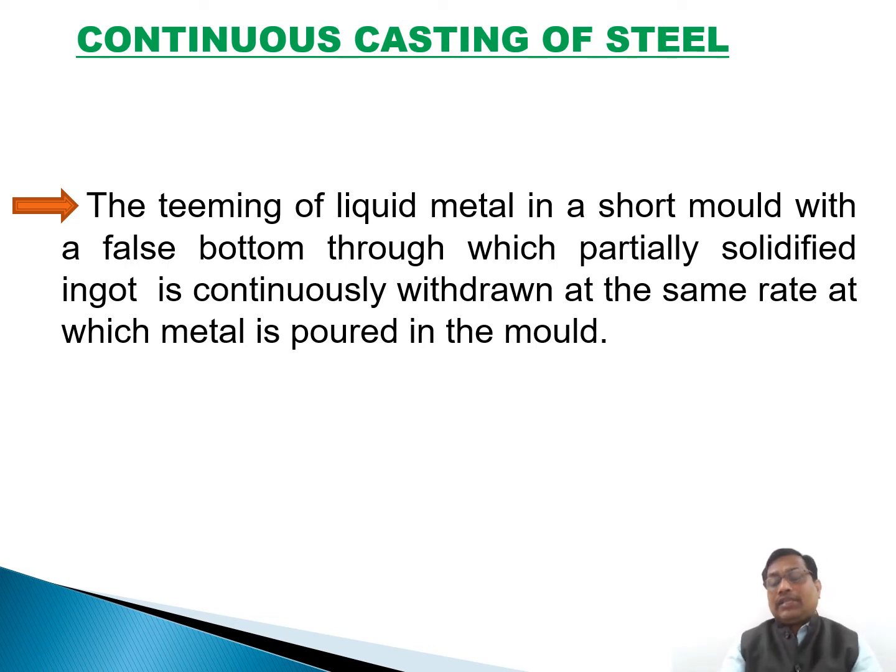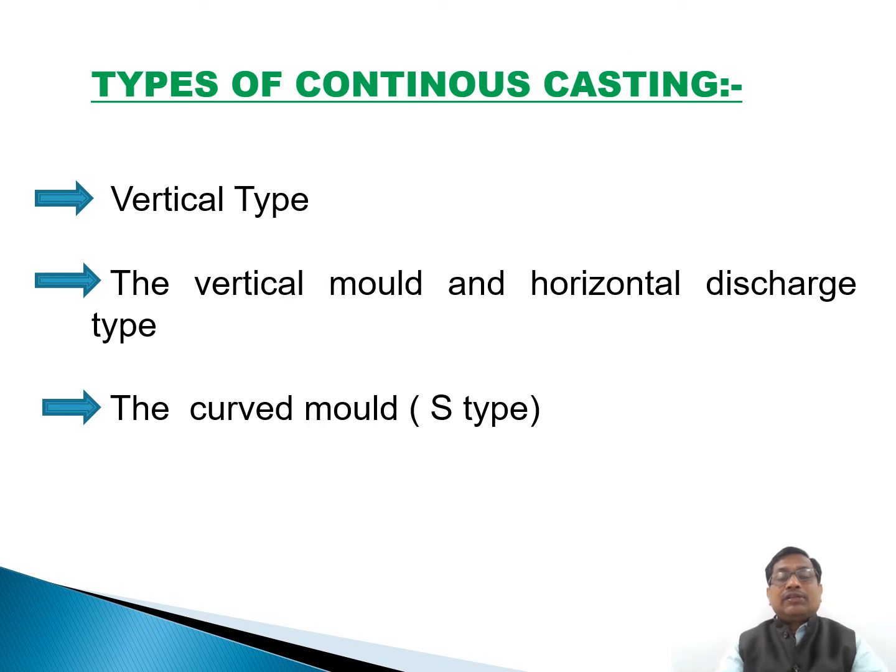Continuous casting of steel now has three different types: first the vertical type, second the vertical mold and horizontal discharge type, and last the curved mold, which can be represented as an S type continuous casting. Nowadays we preferably follow the third one, the curved mold type, but it was developed gradually from the vertical type.